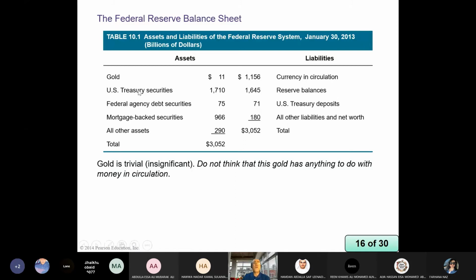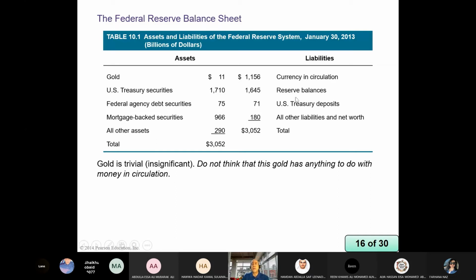In front of this piece of paper, the central bank can print banknotes and distribute them among people, which is called currency in circulation. So currency held by general public is a liability against the central bank, plus reserve balances, because commercial banks keep their reserves at the central bank.